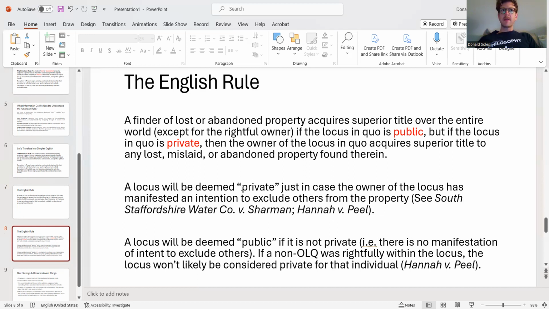And so in England, all they care about is looking for evidence that someone was not supposed to be in the place where the item was found.